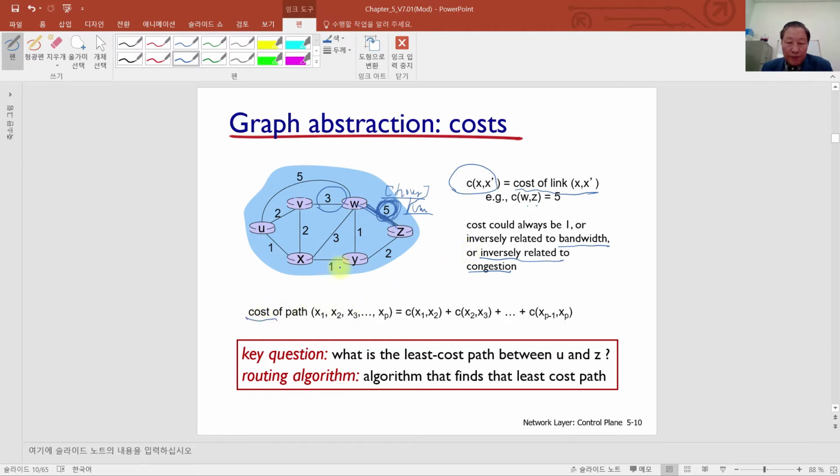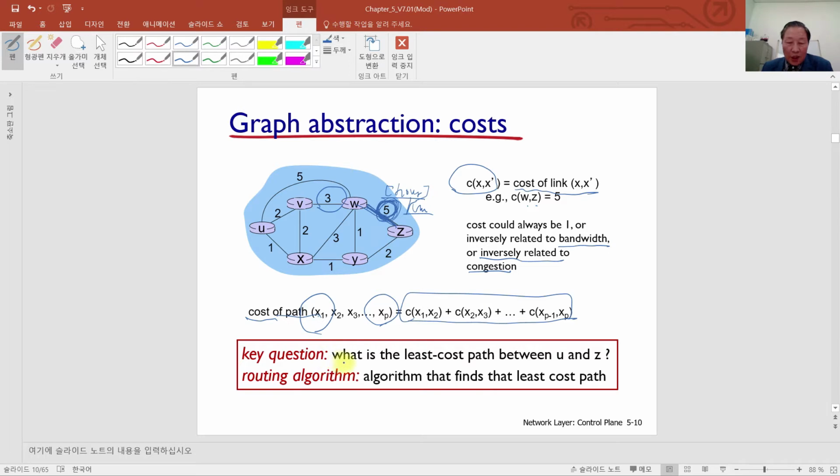That is the cost. Then if our goal is to find the least cost path from X1, X2, and all of them, those are added up together, and this is the final destination. This is the source.